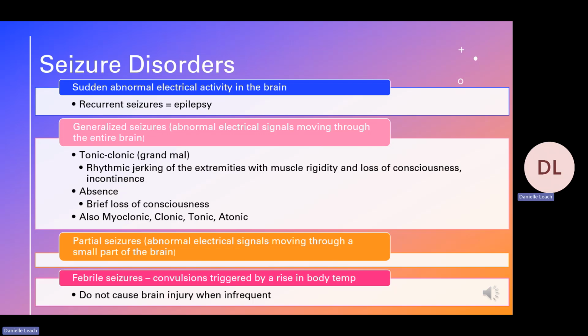There's also absent seizures. Absent seizures used to be called petit mal seizures, and they're characterized by a loss of awareness or loss of consciousness, but there's no tonic-clonic movements. Sometimes the child may appear to be staring off into space or daydreaming.